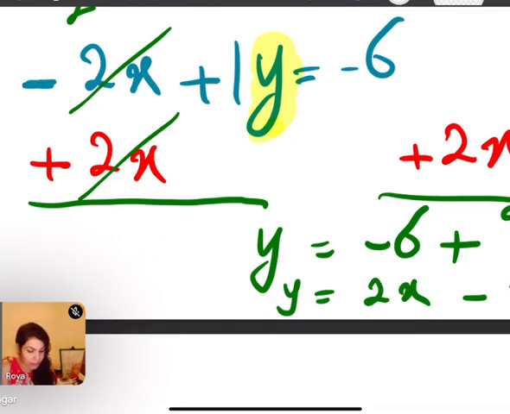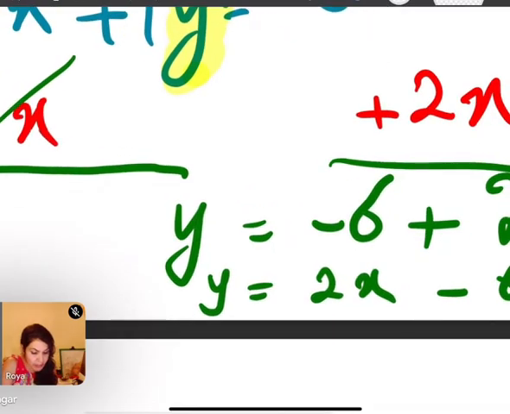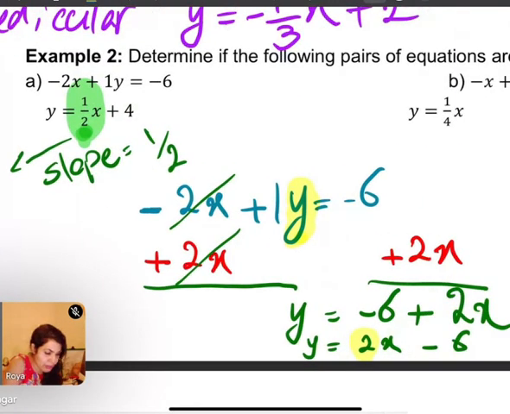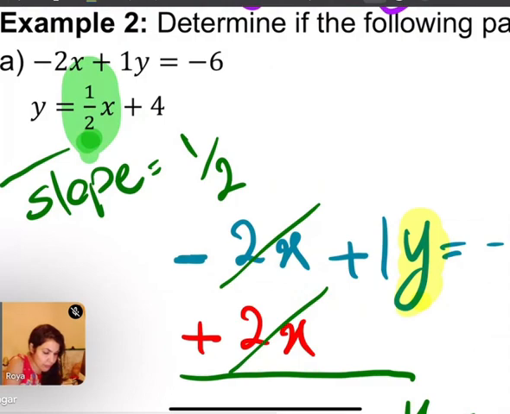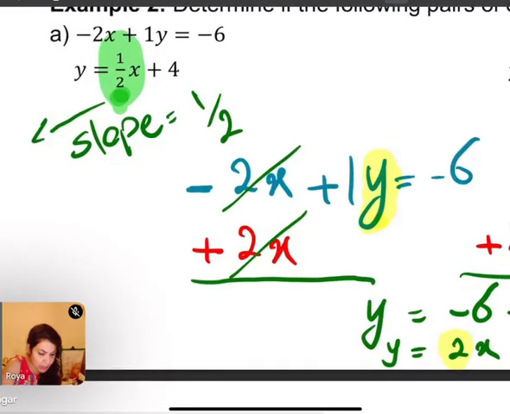Okay. Now, what is the slope here? As you can see, the slope is 2. In the other equation, the slope is 1 over 2. See, this one is 2, this one is 1 over 2.